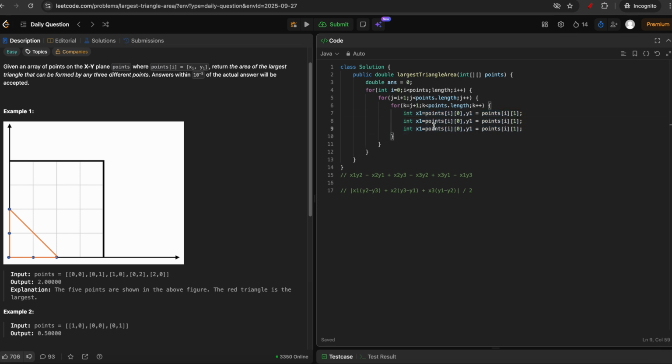Let's repeat the same thing for point 2 and point 3: x2, y2 from points of j, and the third point is x3, y3 from points of k. Now we have the 3 points, and let's find the area. We can just copy this, we had the formula previously.